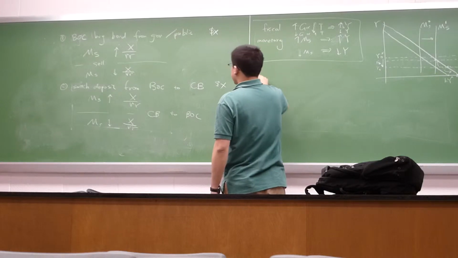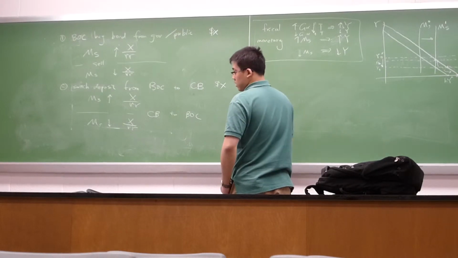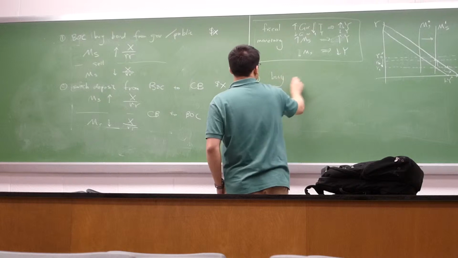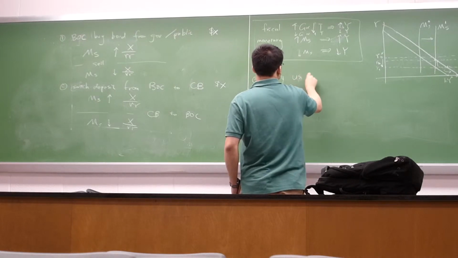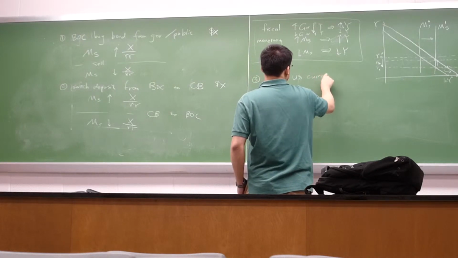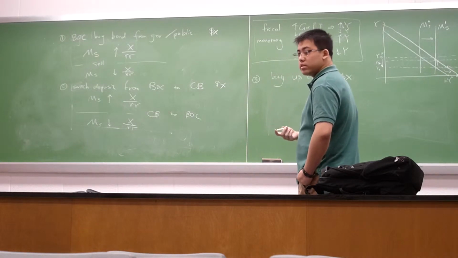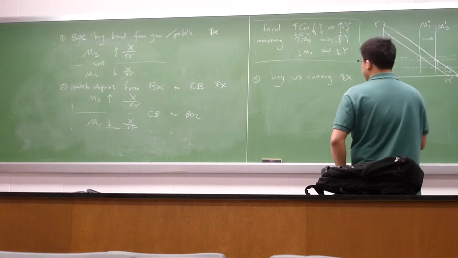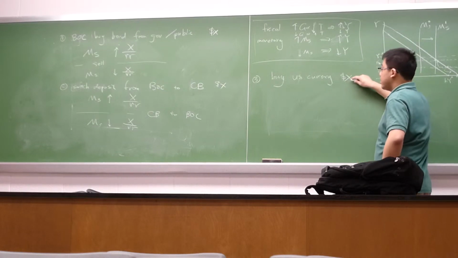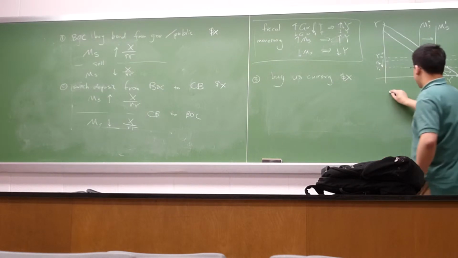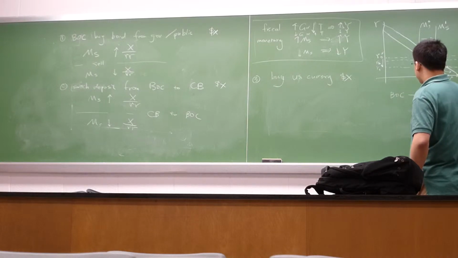The third one is buying US currency. The process goes like this. If we are buying US currency, then the Bank of Canada will give money to the Federal Reserve.